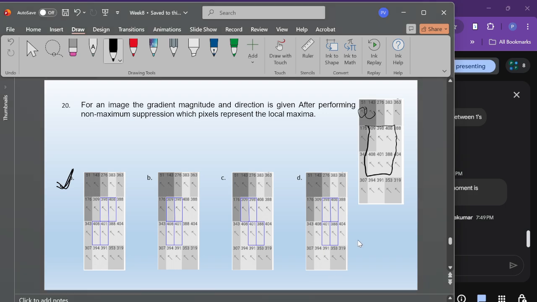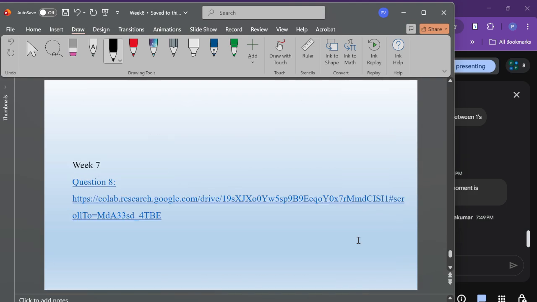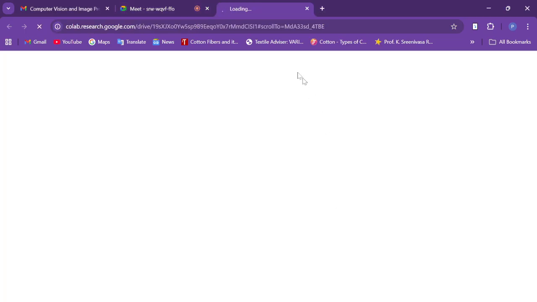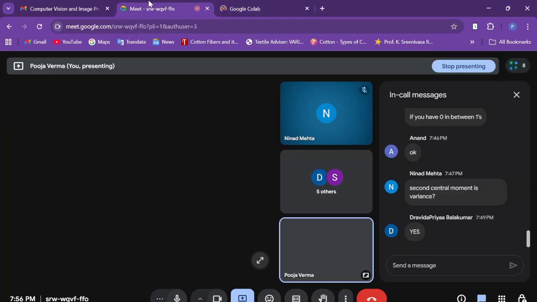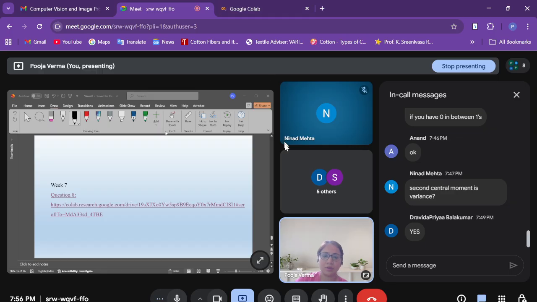So now we will check one question in week 7, question number 8. There is an image, and the code is there. Are you able to see my screen, the other one?